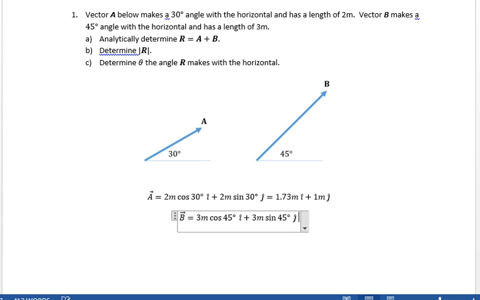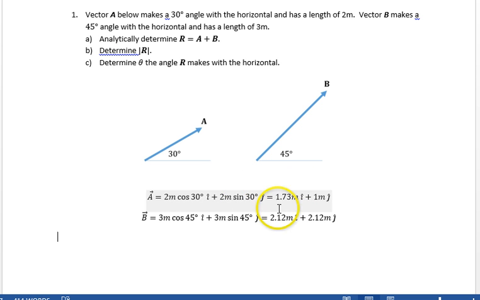So B is 2.12 meters I hat plus 2.12 meters j hat. Okay, so now we have the I components and the j components, and we're looking for what is R, which is the sum of the two.